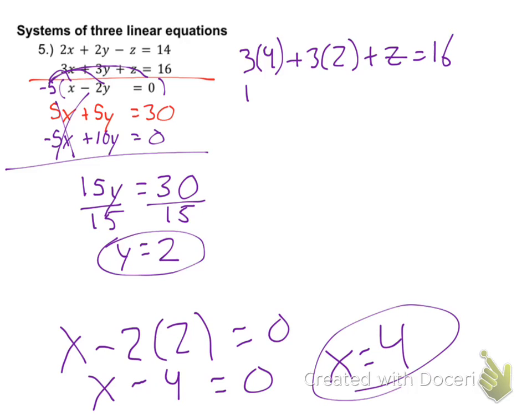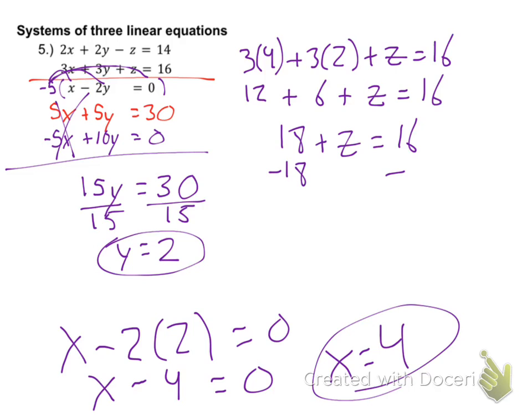What's 3 times 4? Plus 6. Equals 16. That's 18 plus z equals 16. Subtract 18, z equals negative 2. Awesome. I have an x, I have a y, and a z.